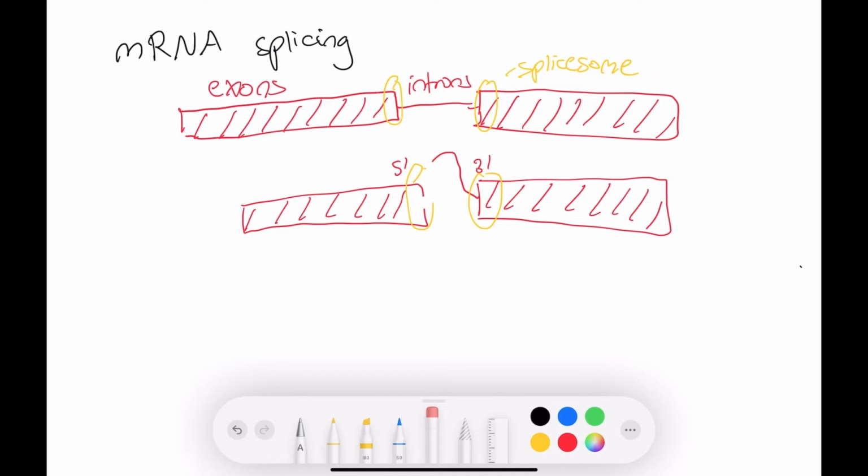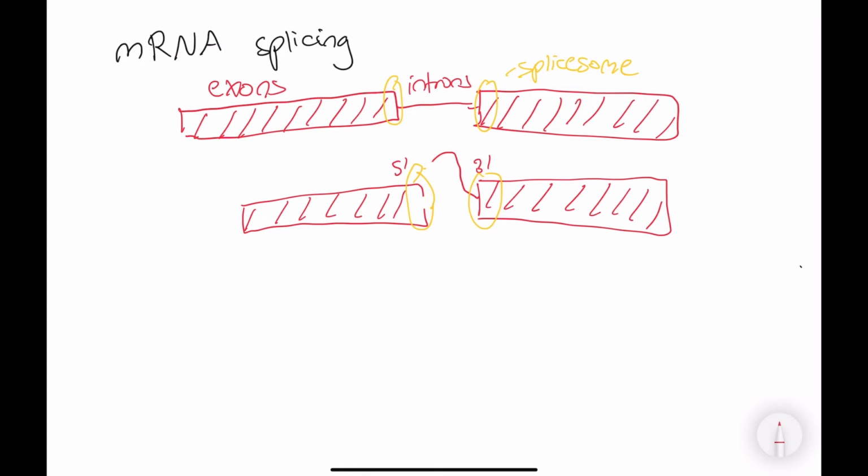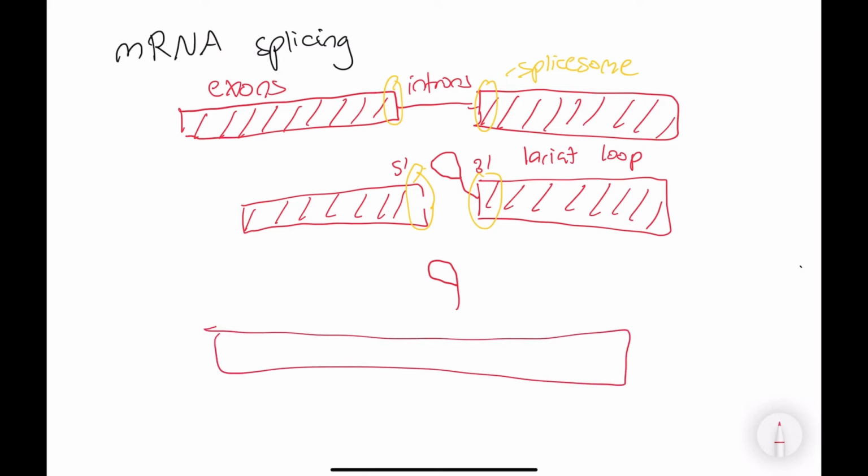Once that happens, this stubby end joins to the other strand, forming a lariat loop. The lariat loop then leaves the exons, and they are joined together, forming a mature mRNA.